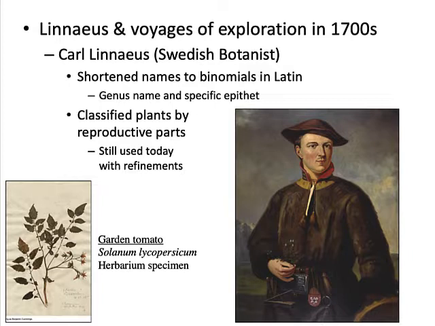Now, one plant has the name Solanum lycopersicum, and that is the tomato that's very common and delicious. When the garden tomato was first observed, though, people were scared that it might be poisonous because it was known that many members of the nightshade family had these very poisonous fruits and parts.